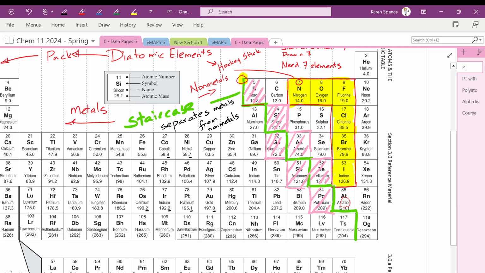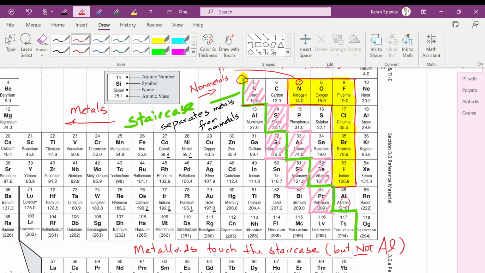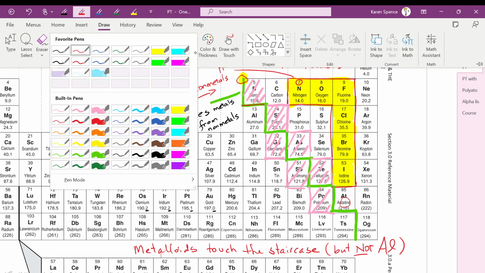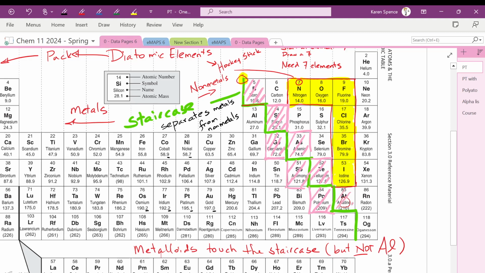So these guys are the metalloids. Touch the staircase, but not aluminum. Everybody touching the staircase is a metalloid except for aluminum. If you want to include astatine and tennessine, you can, just to make it less complicated. Sure, why don't we? There we go, astatine, tennessine, whatever, doesn't matter.